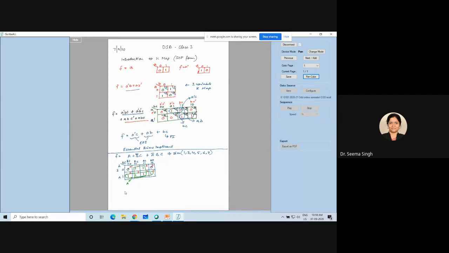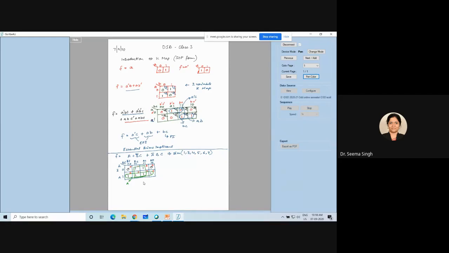Can you see this? In this group, 2 ones are already covered, and I am covering them again, and 2 ones are new, covered for the first time. Now you can ask why you are covering a covered thing again. You could simply make a pair like we did in the previous question. The answer is, the bigger the group you make in the K-map, the better the simplified function you get.